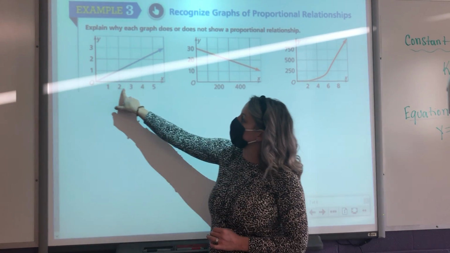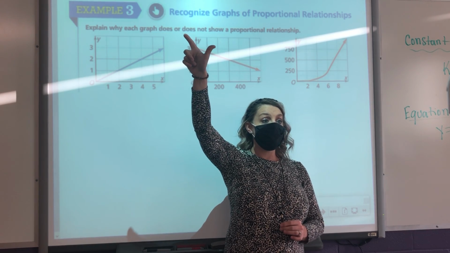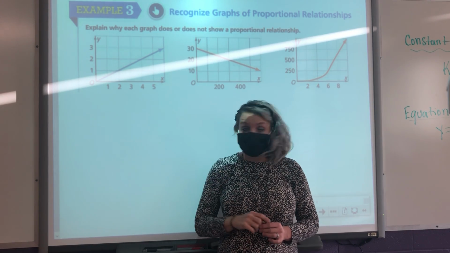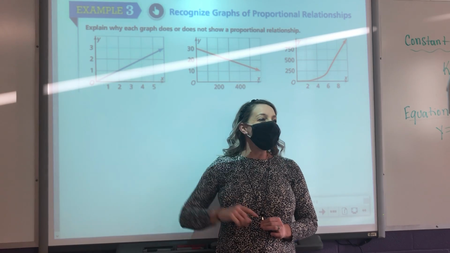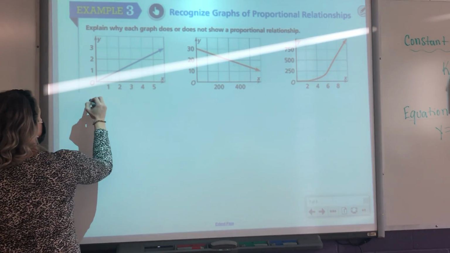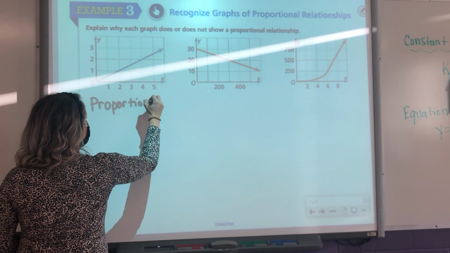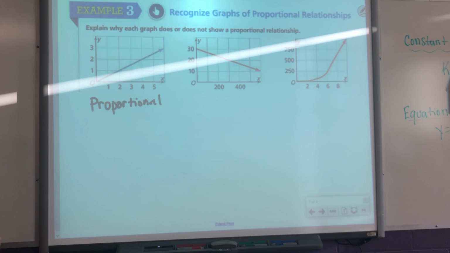That's proportional. So we need to have those 2 check marks. So let's look at this first one. Straight line? Yes. Goes through the origin? Yes. So what kind of relationship is this? This is a proportional relationship. Very good. Okay, what about this one? Straight line? Yes. Goes through the origin?